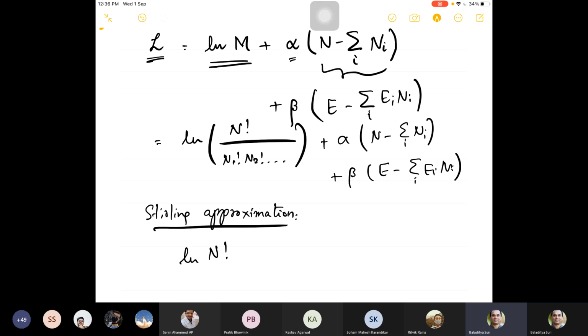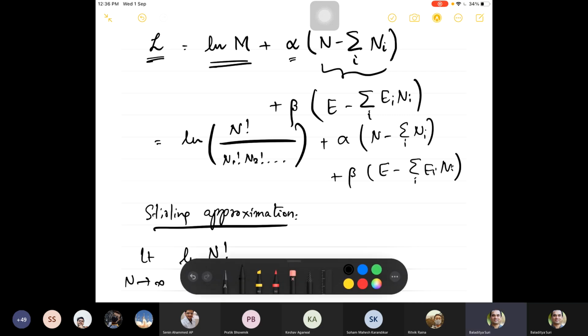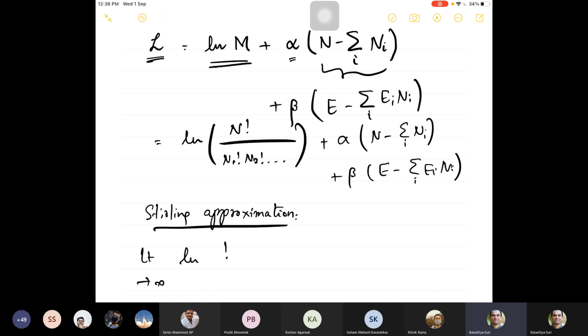So ln of n factorial, in the limit n going to infinity. Let us actually write some other letter here for any little n. For n going to infinity, it can be written as n ln n minus n.